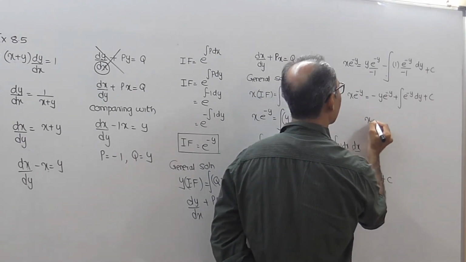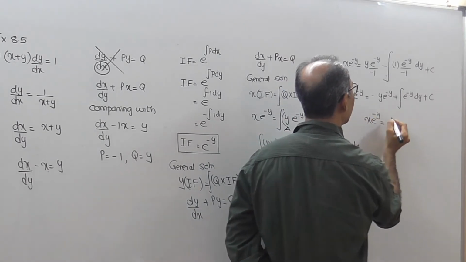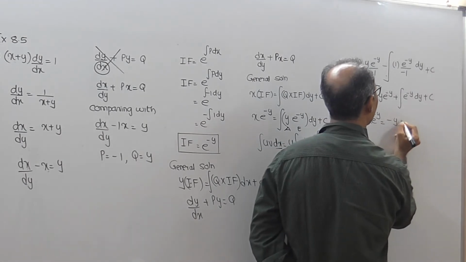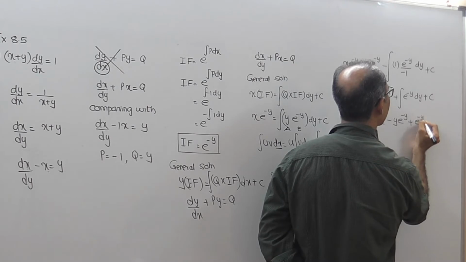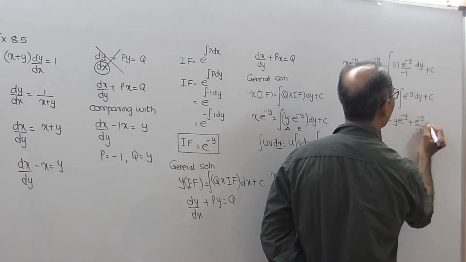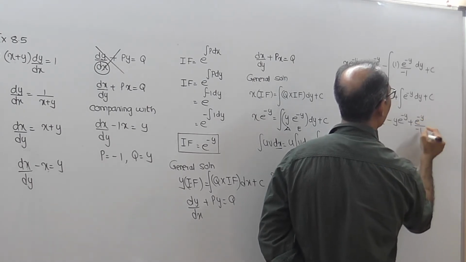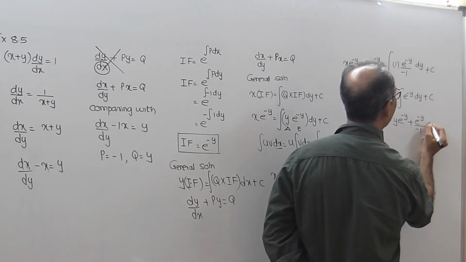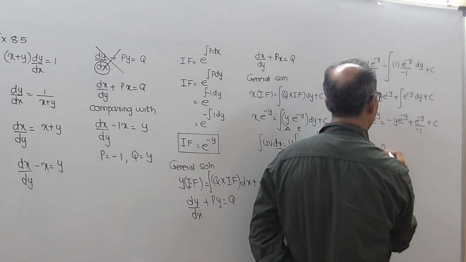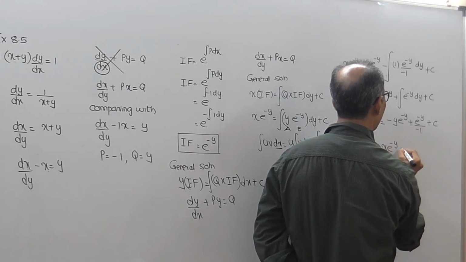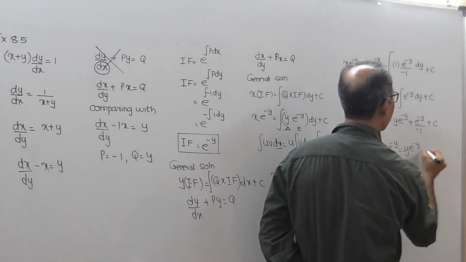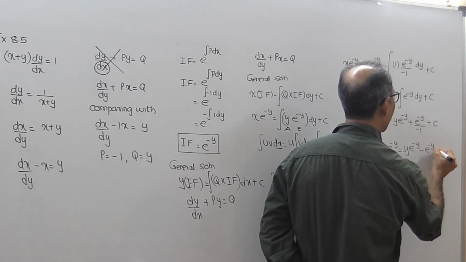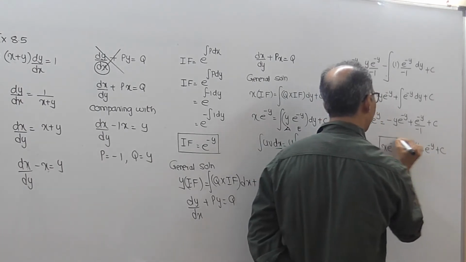So this will be x e raised to minus y equals minus y e raised to minus y plus the integration of e raised to minus y, which will be e raised to minus y upon minus 1, the coefficient of y, plus c. So this is x e raised to minus y equals minus y e raised to minus y plus into minus, minus e raised to minus y, and plus c.